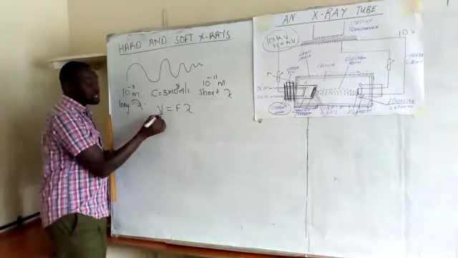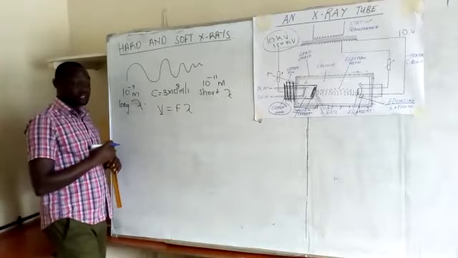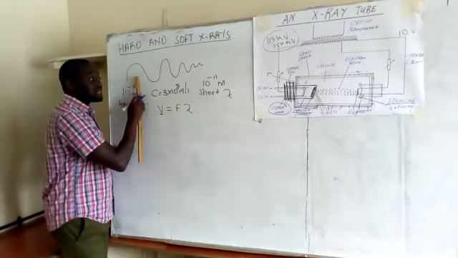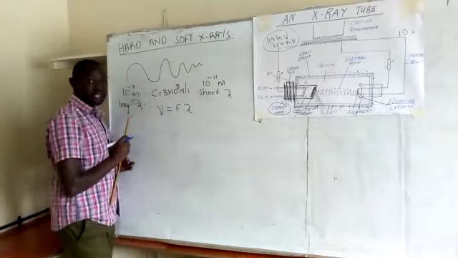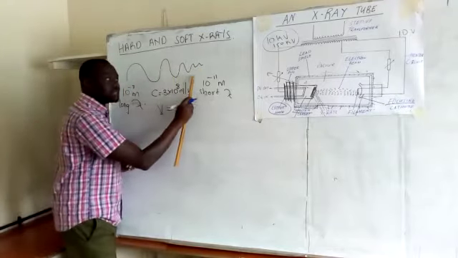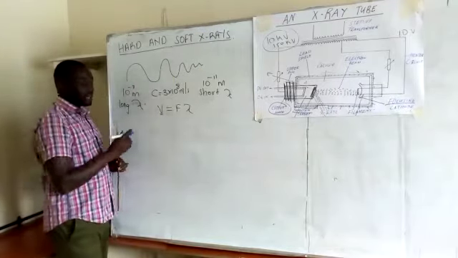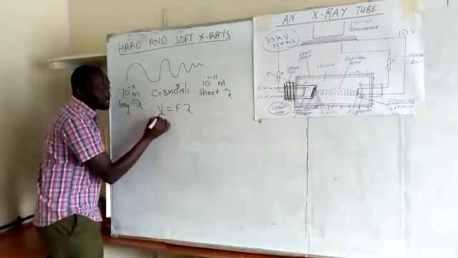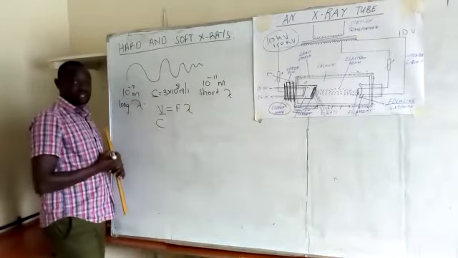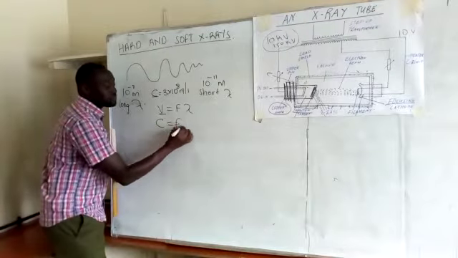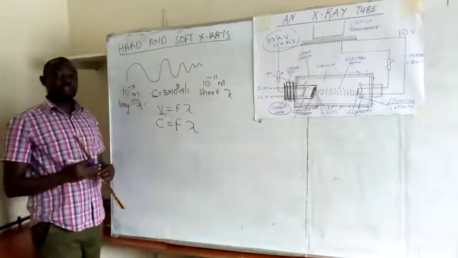And because this velocity is not changing, as the wavelength reduces, the frequency increases. Therefore, for this, the velocity is the speed of light. So c will be f times the wavelength.